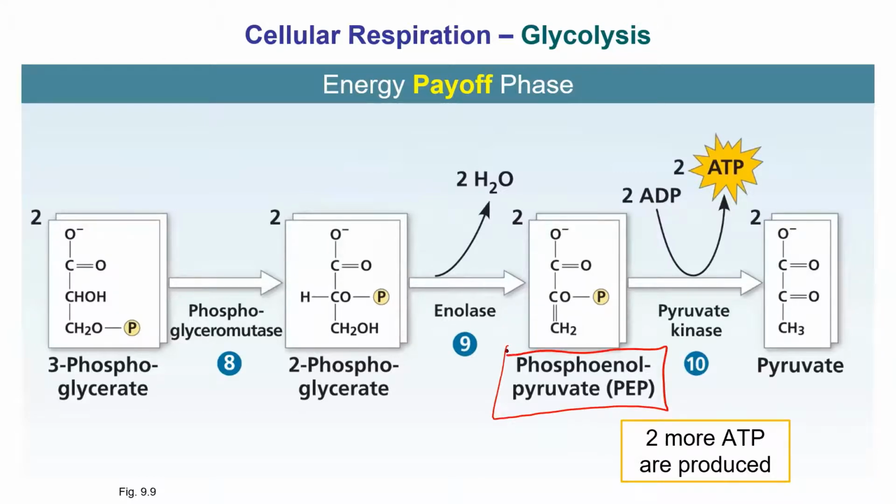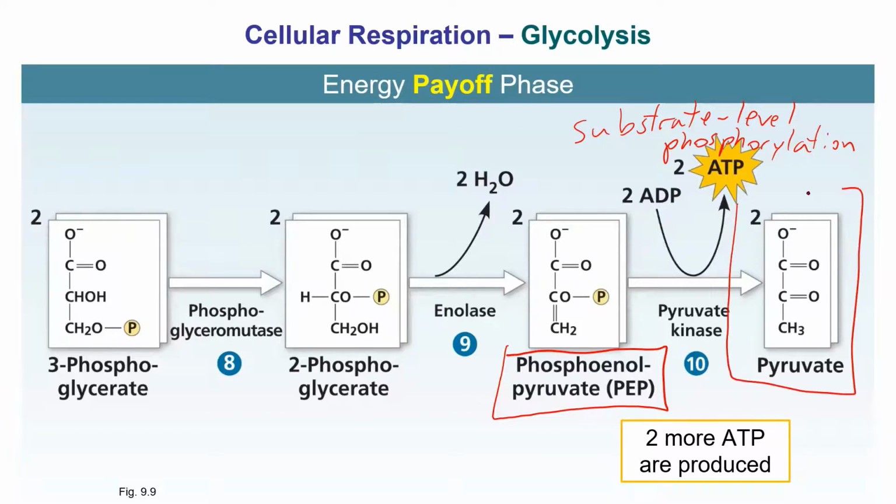We mentioned that last day as a regulatory molecule for phosphofructokinase, and it has a phosphate on it, so we are getting some more substrate level phosphorylation. So we've made 2 more ATP, and this is great.